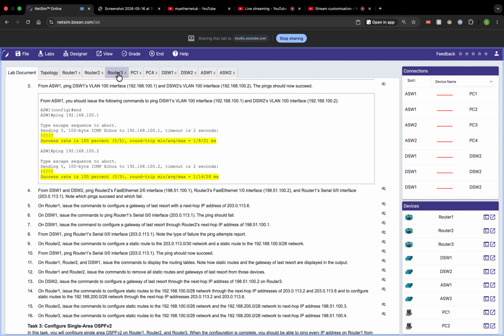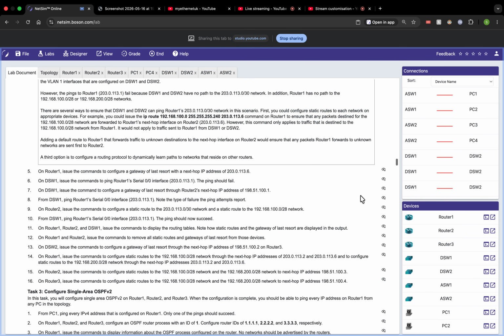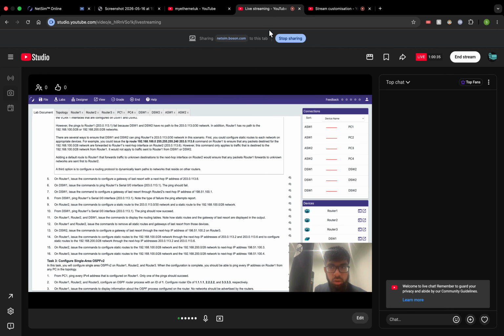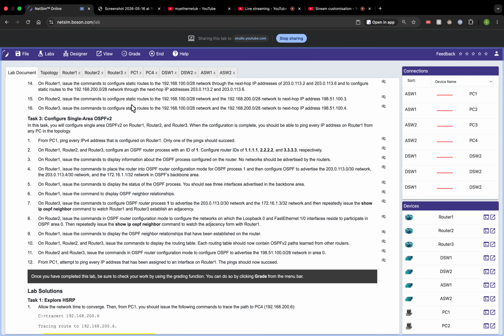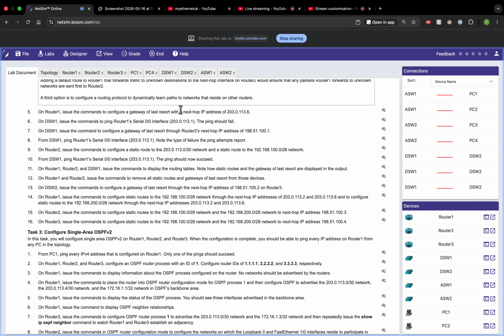Now let's ping router 1's 0/0 interface. Router 1 has a 0/0 interface, 203.0.113.3. DSW1, can it ping that?